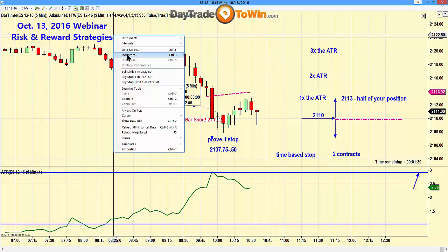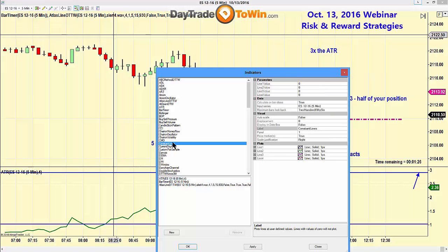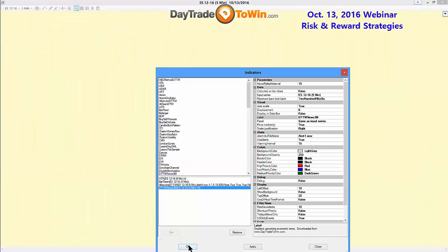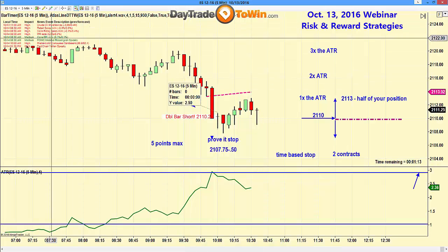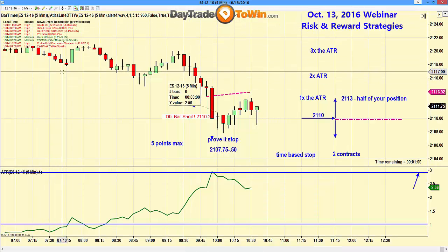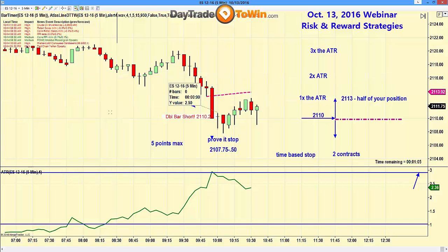The news indicator, if you haven't downloaded it already, is a great way to know when news occurs. It's free. You can download it for free off of the free software section of Day Trade to Win. And I have it here in my chart. That's an actual live news indicator which alerts you. You can have an alert sound with it when news is about to come out.